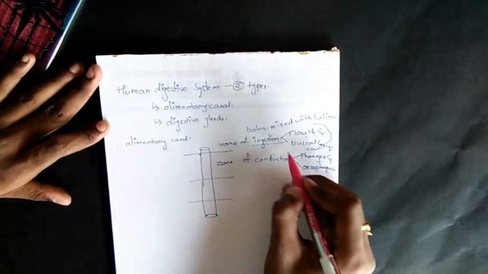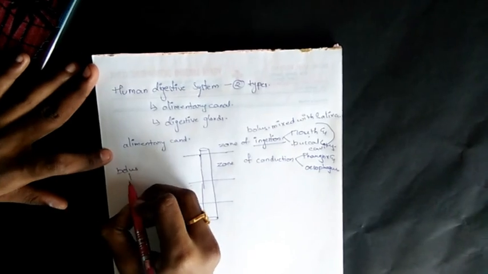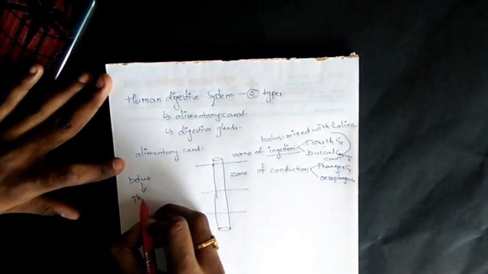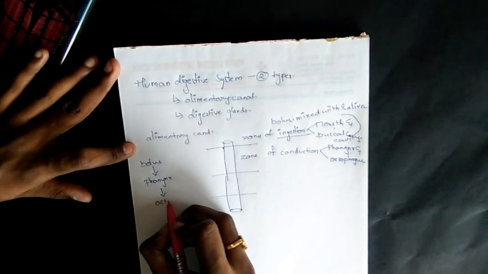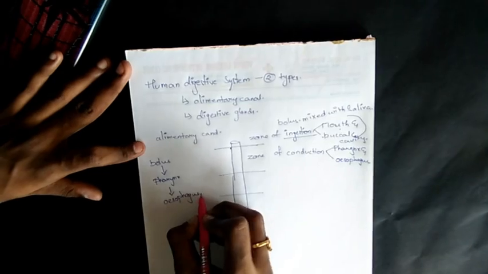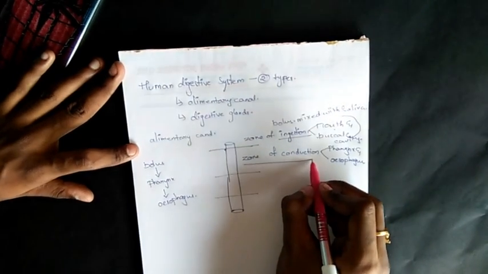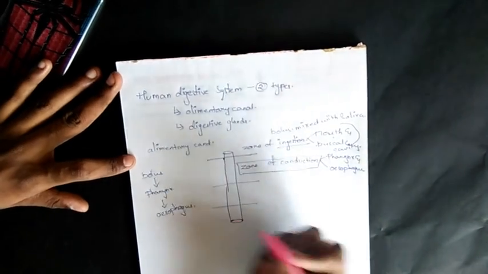From this buccal cavity, the food, which is called bolus, enters into the pharynx and then the esophagus. In this zone of conduction, there is no mechanical or chemical digestive process.